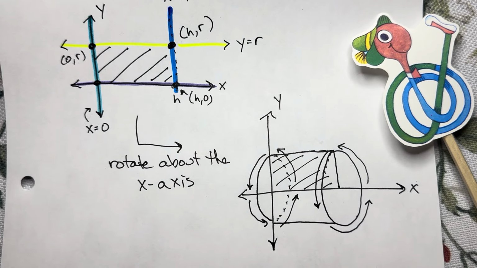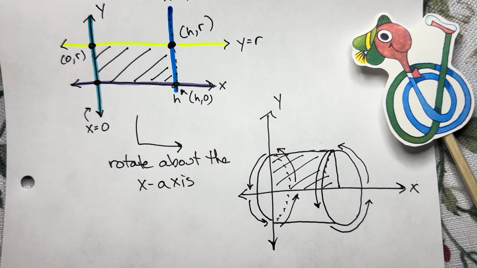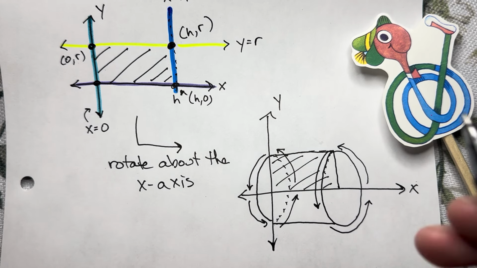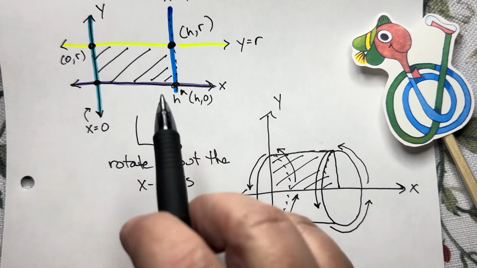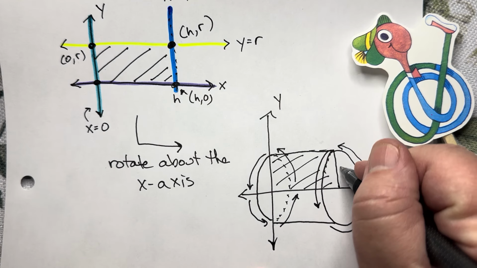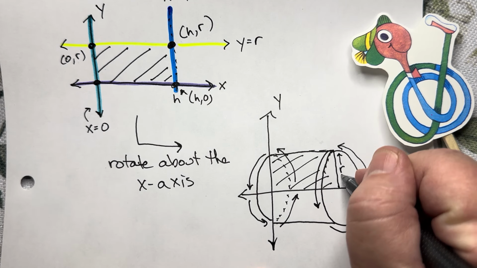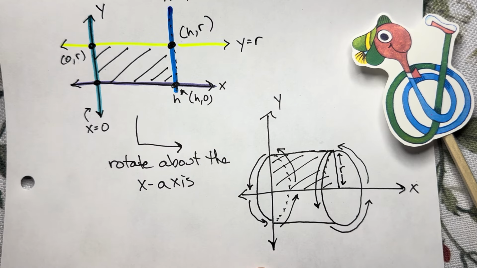So we've got this lovely thing, and then suddenly we're like, oh my gosh, we're back to our friend, the right cylinder. And we know how to do that, right? Because we know that this height over there, this right here is R, the radius of the circle.